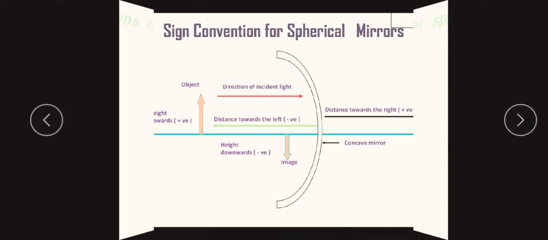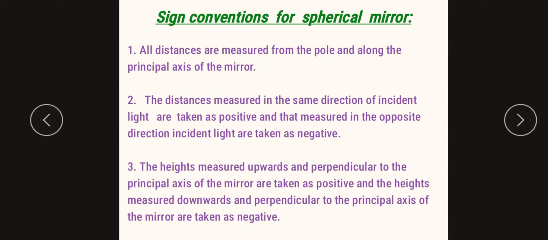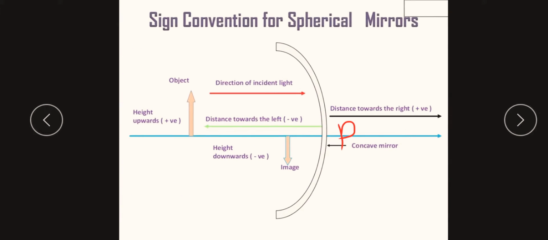Then the third one: heights measured upwards and perpendicular to the principal axis of the mirror are taken positive, and heights measured downwards and perpendicular to the principal axis of the mirror are taken negative. This is the principal axis and this is perpendicular.